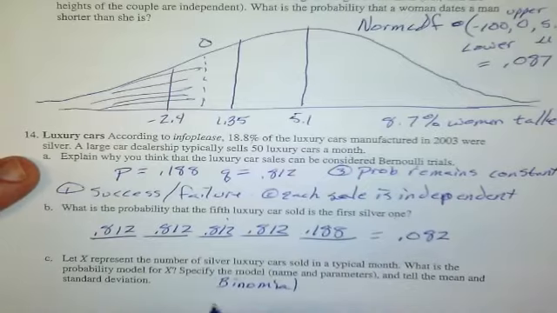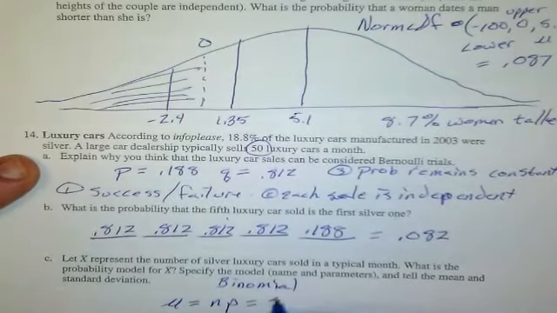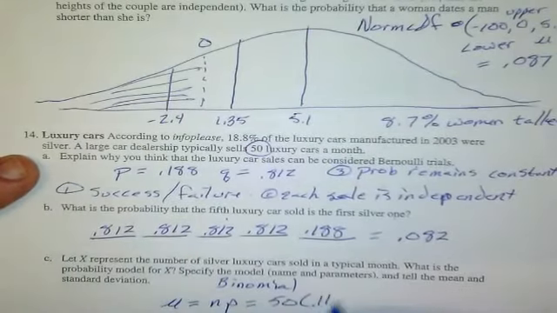So the mean here is NP. They sell 50 cars in a month. Mu equals NP. So that's 50 times 0.118.